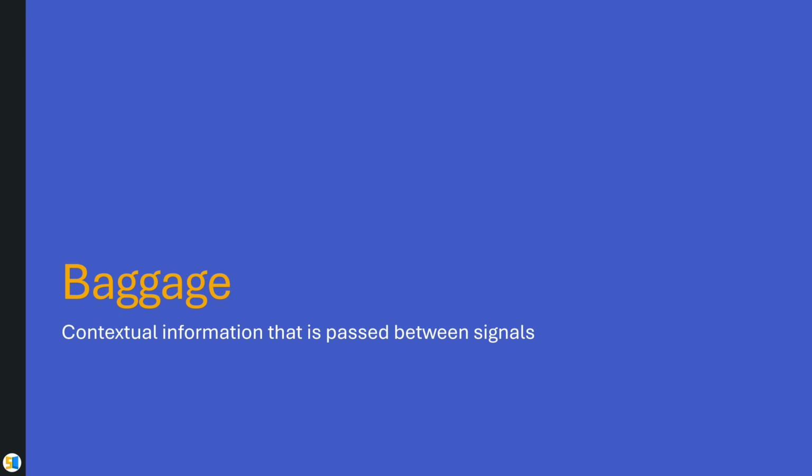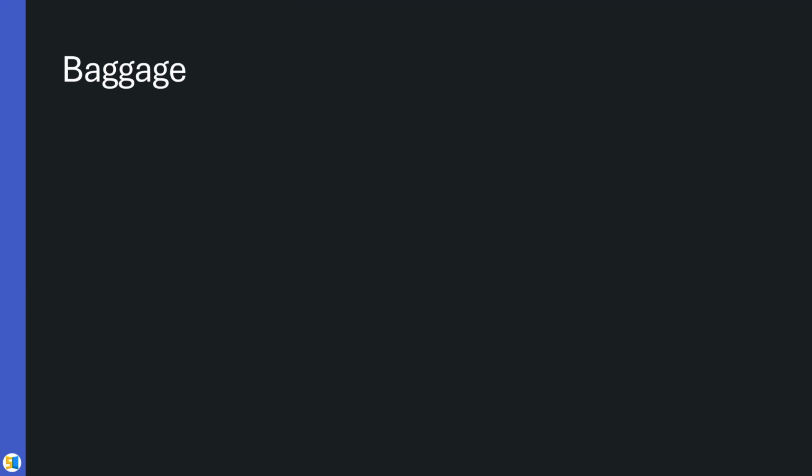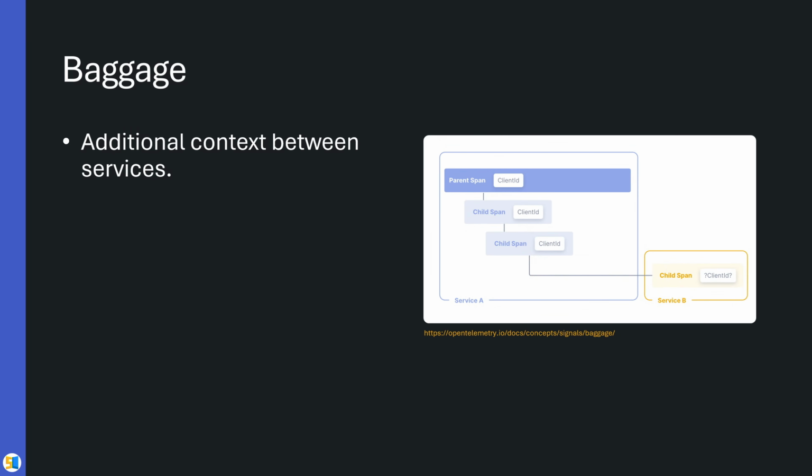Okay, so next, let's talk about baggage. Contextual information that is passed between signals. Baggage is an additional context between services, right? So for example, this is service A, service B, right?